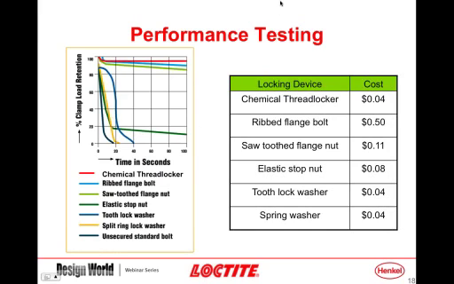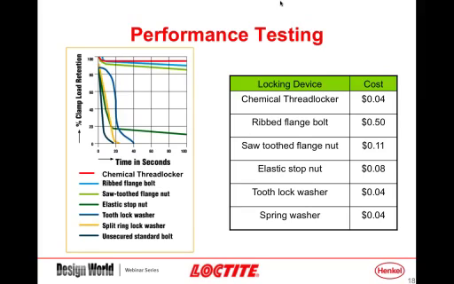And the last element that I wanted to address is that it's always important to keep in mind cost and performance. And mechanical devices do vary in their performance, some being more effective than others. But when it comes down to cost and performance, you have a one-size chemical thread locker that can treat a variety of sizes of fasteners versus a multitude of different styles that would be required to be kept in inventory and typically have a much higher acquisition cost.